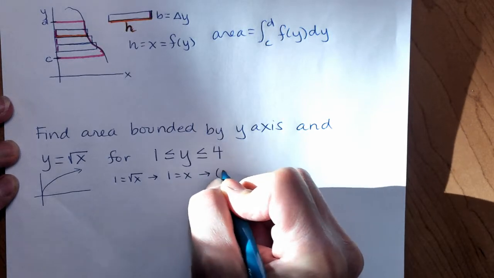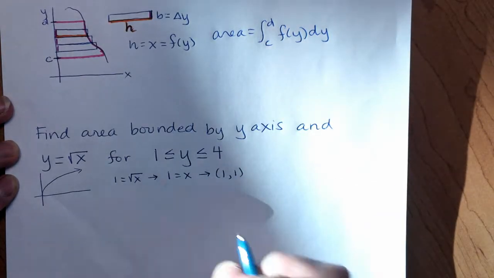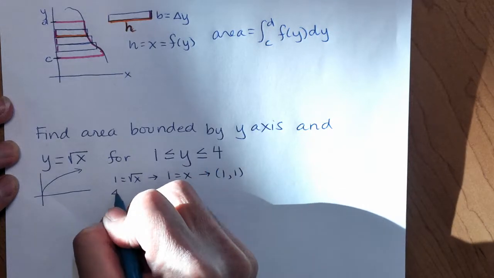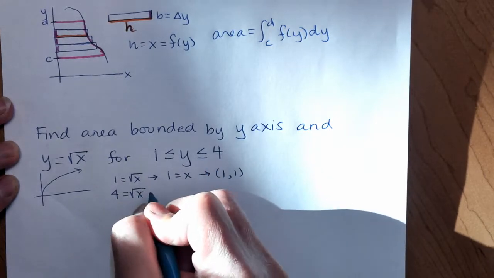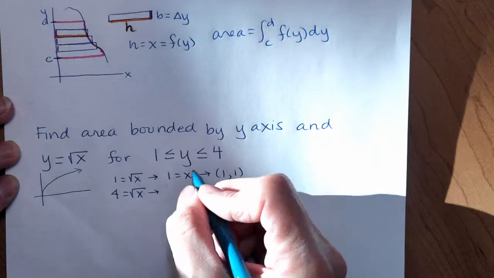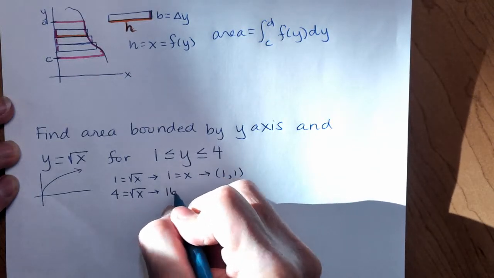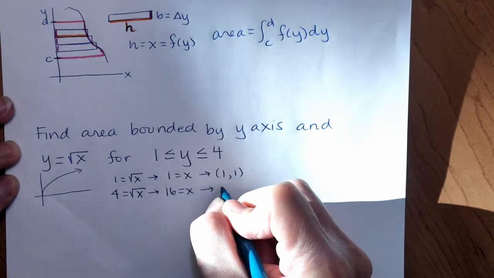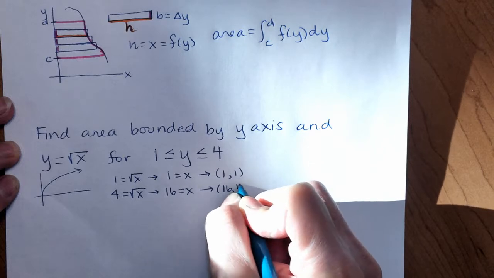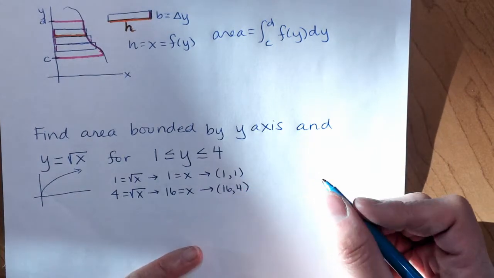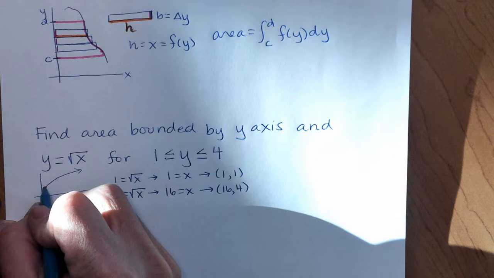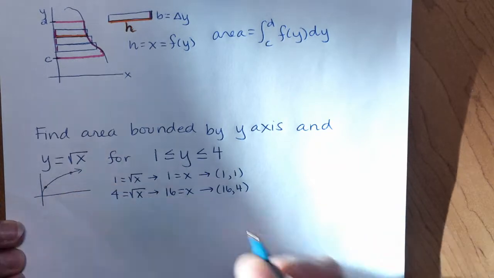So that gives me the point 1, 1. When y is 4, what's x going to be? I square both sides and I get 16 equals x. And so I'm going to have the point 16, 4.